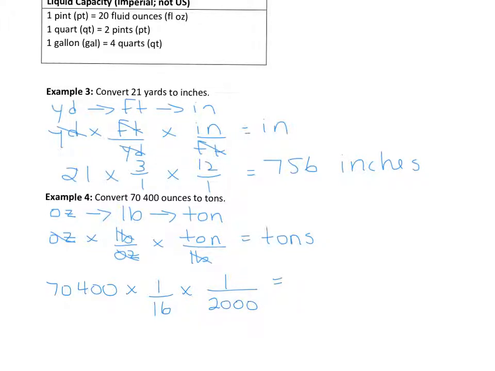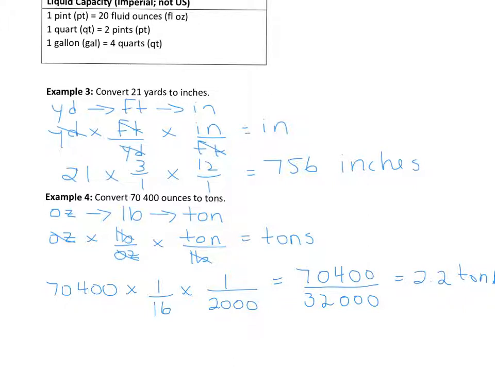So I've got 70,400 in the numerator when I multiply, and my denominator, and I used a calculator to do this, although I probably could have done it without, is 32,000. So on the calculator, I'll do 70,400 divided by 32,000, and I get 2.2 tons.